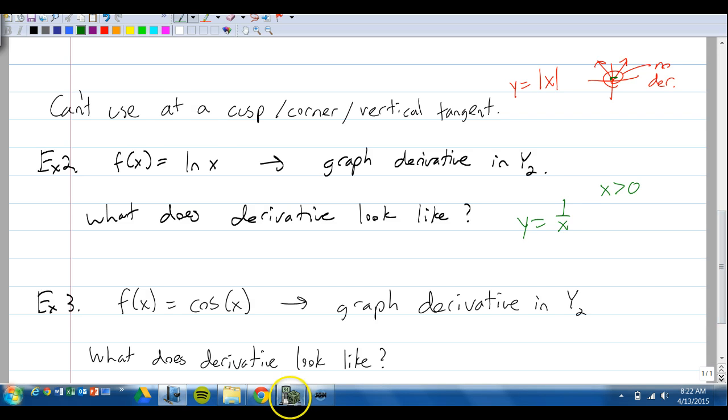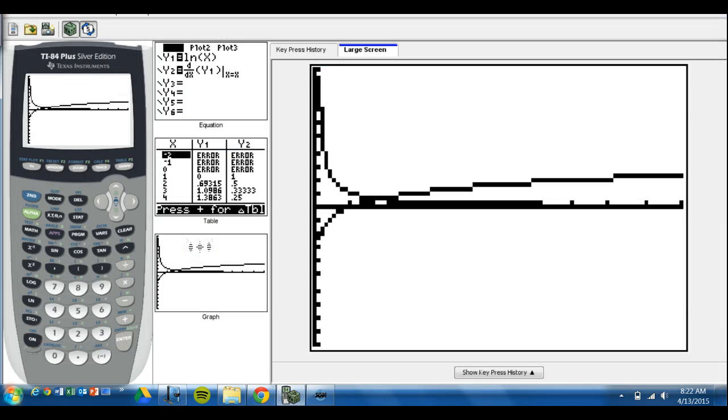Now, just some analytics for this. Notice that the derivative is never 0 because it never actually plateaus, but it gets close as this goes along. Notice also that the derivative is always positive. It's very positive up here.